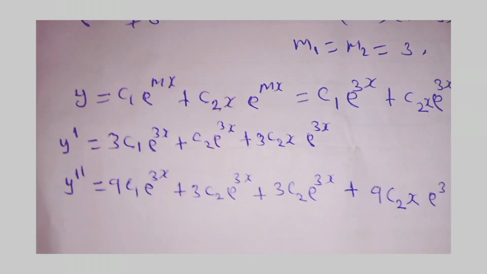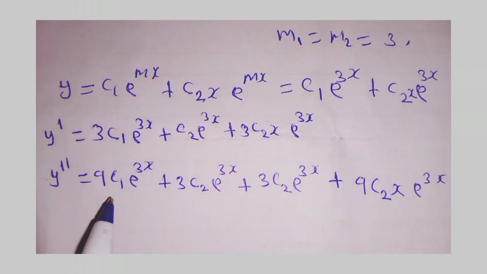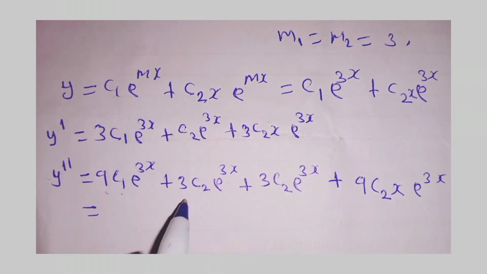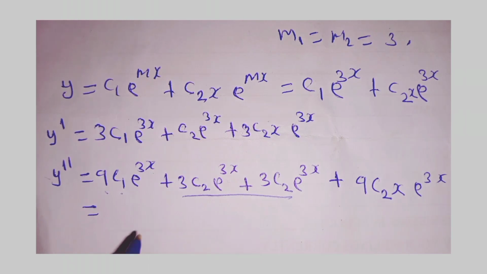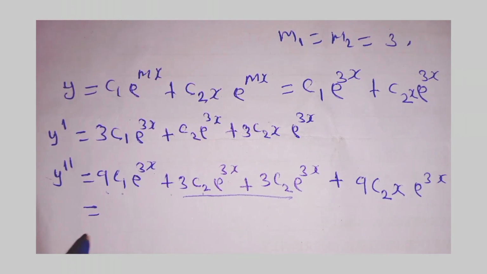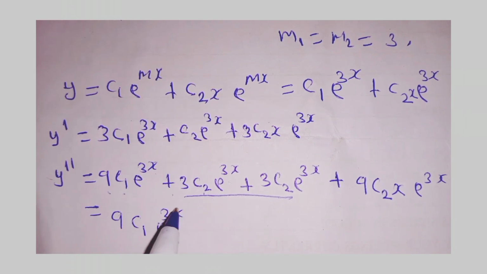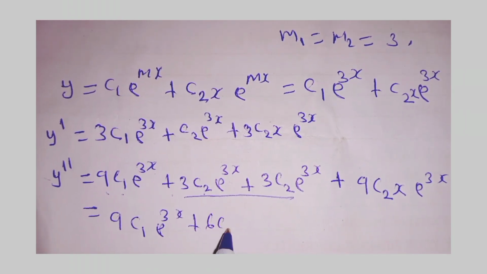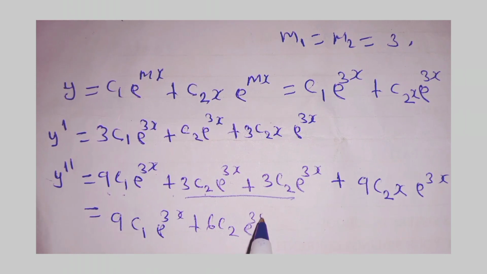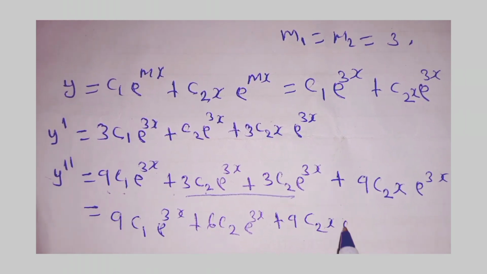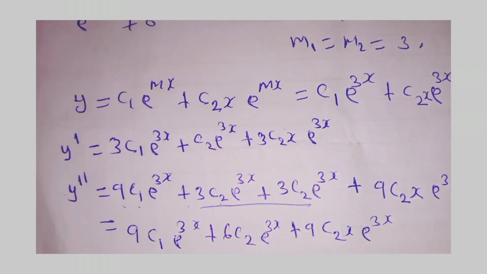That is what we obtained. We can check whether they are like terms. We have 9c1, so that is not like, but we can group these two because you have 3c2 and that, so you will have 9c1 exponential 3x plus 6c2 exponential 3x plus 9c2 x exponential 3x.